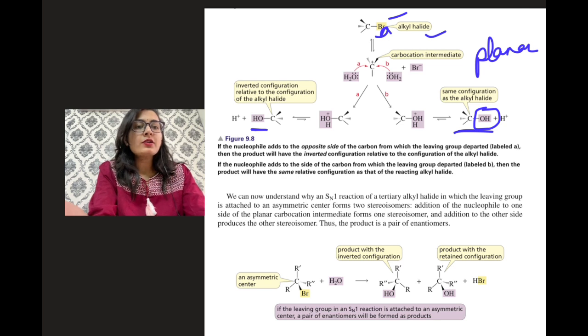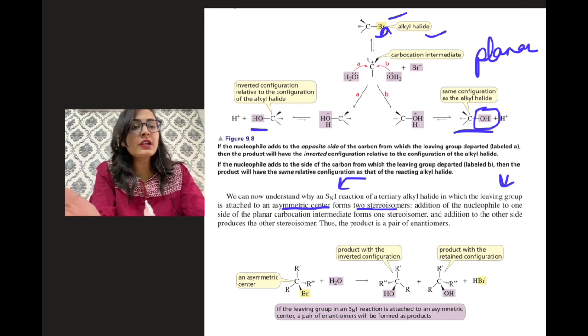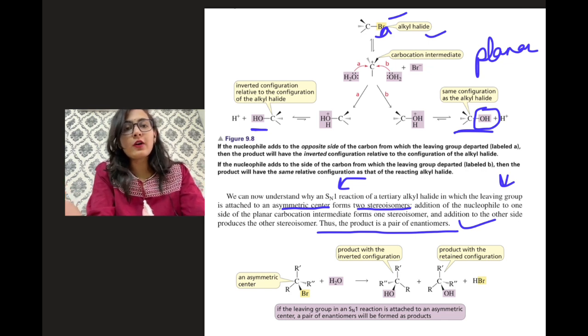All right, so we can now understand why SN1 reaction of a tertiary alkyl halide in which the leaving group is attached to an asymmetric center forms two stereoisomers rather than just the inversion product, which was happening in the SN2 reaction. Okay, so thus the product is always a pair of enantiomers, because obviously retention and inversion products will give you two mirror images which are enantiomers, only if these three groups are all different.